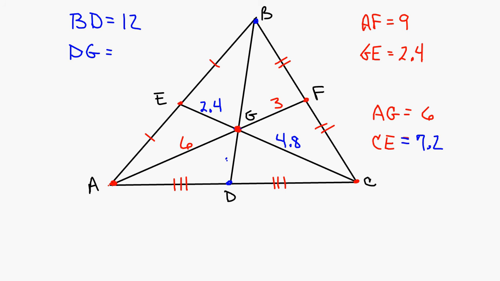So take 1/3 and multiply it by 12. 4. This little piece is 4. What's the big piece? Oh, B to G. That'd be 8. Get the idea? Questions?